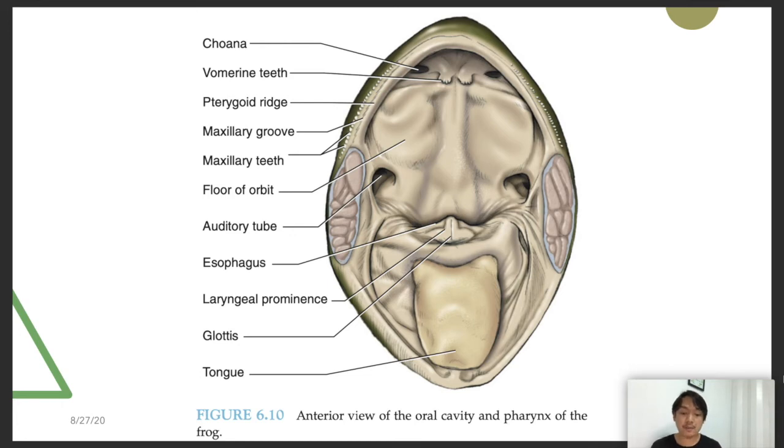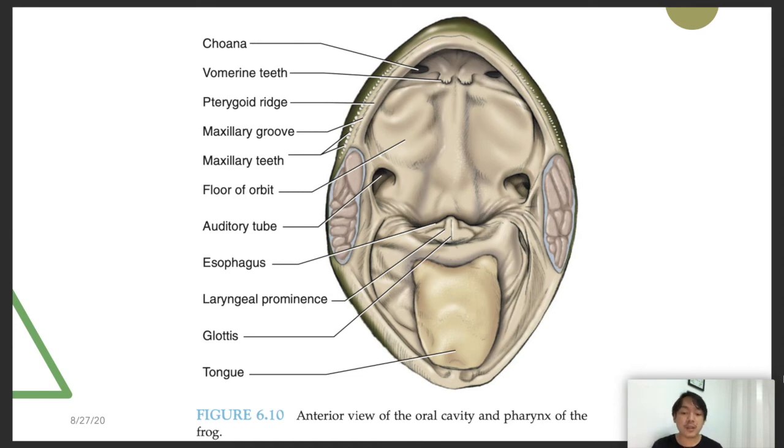This is the anterior view of the oral cavity. This is a single row of small teeth, often easier to feel. Once you hold the oral cavity of the frog, you can feel the small teeth around the margin of the upper jaw. As described earlier, the teeth are mostly maxillary teeth, and a few premaxillary teeth are near the midline.